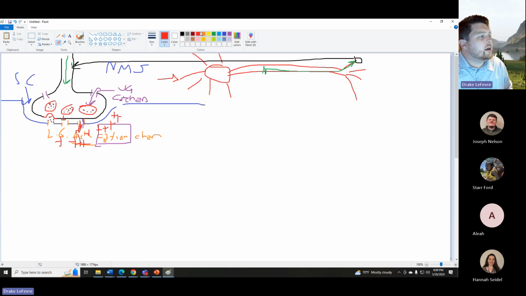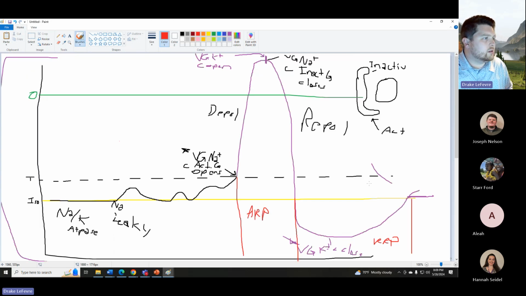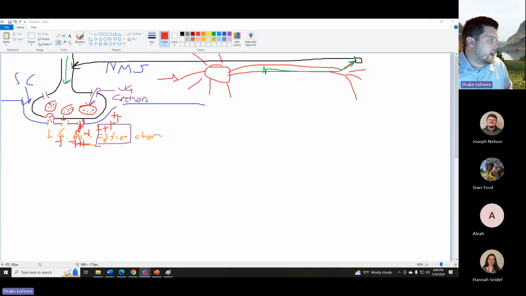just like before in our nerve cell. We have our voltage-gated sodium channels and voltage-gated potassium channels that open and close exactly the same, just like it was happening with our action potential.